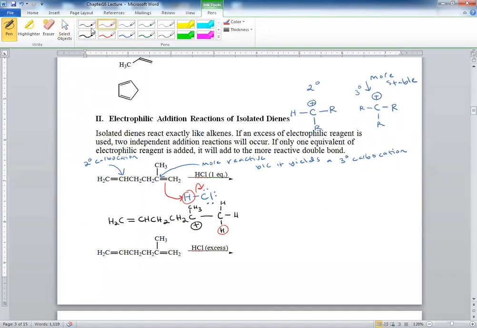So then you would have Cl minus attacking that carbocation. And of course, you would get your product, the halogenated product.